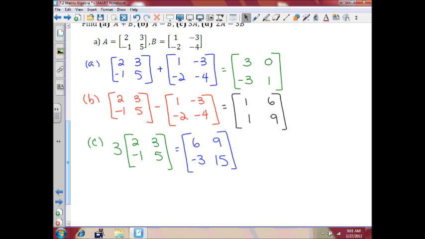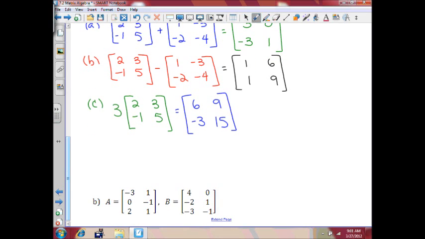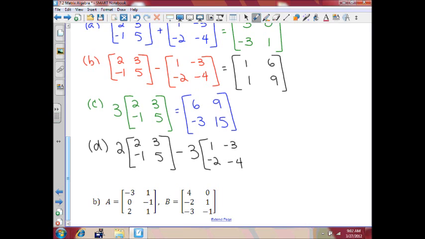Now for part D, it says 2a minus 3b. First things first, we need to find 2a minus 3 times b, and b is 1, negative 2, negative 3, negative 4.